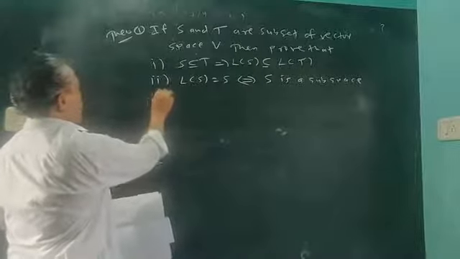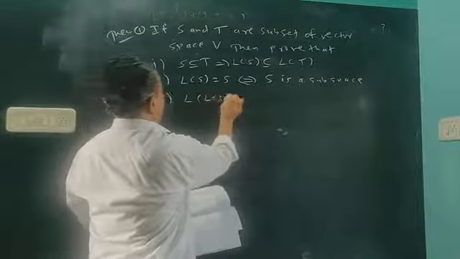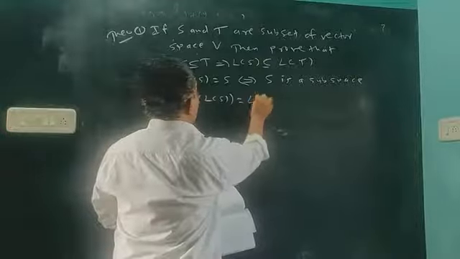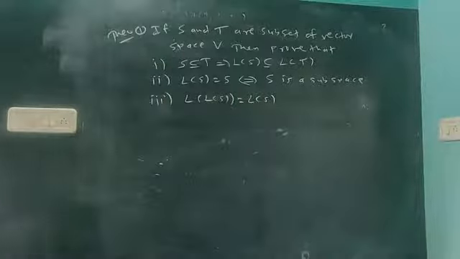Third point: L of L of S equals L of S. So this is 3.7.